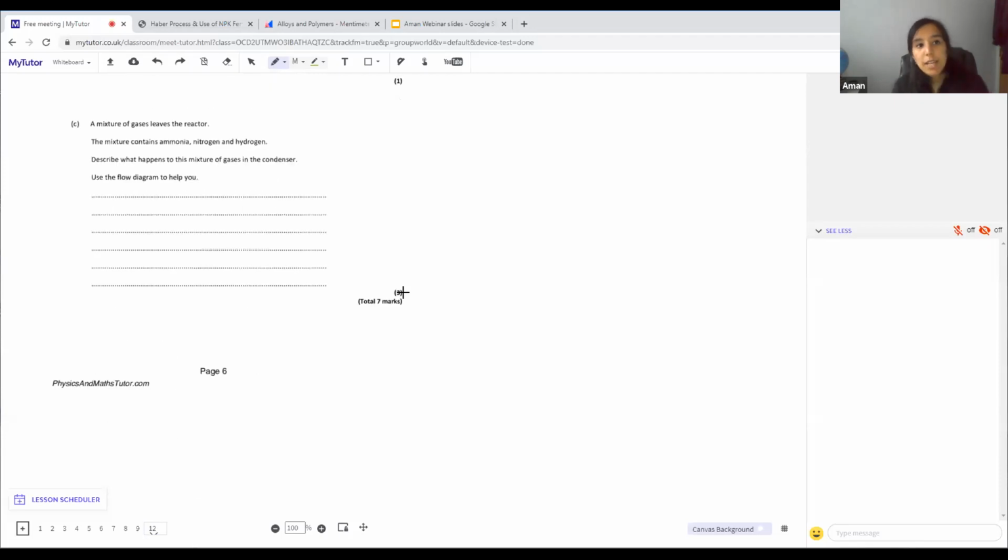Okay, a mixture of gases leaves the reactor. The mixture contains ammonia, nitrogen, and hydrogen. Describe what happens to this mixture of gases in the condenser. So the last part of the Haber process, there were two things that happened. So what happens to the ammonia and what happens to the nitrogen and hydrogen? There's 3 marks.